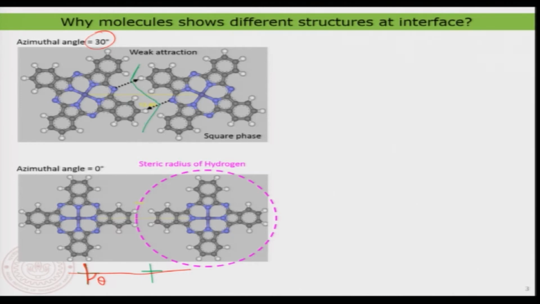These molecules typically interact through van der Waals interaction, and therefore it is important that they share a large boundary between them. That is most effective in this orientation around 30 degrees, where you get the best overlap between the molecules.